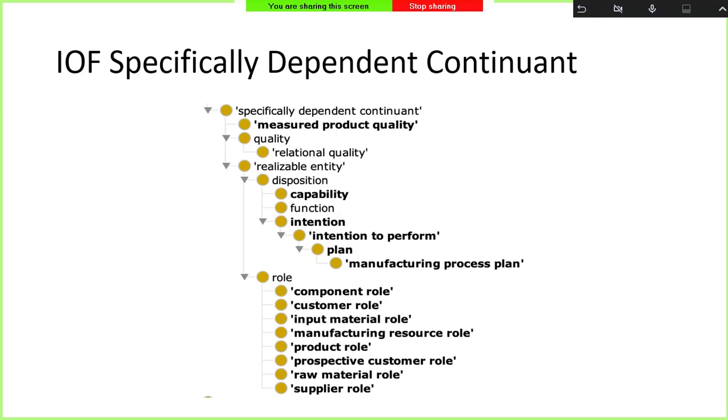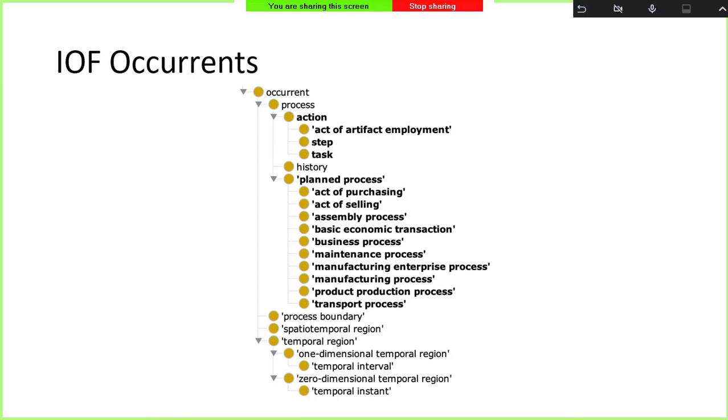So nothing is an employee. Rather, there are people who have an employee role. And in order to define employee, we need person with employee role. That's the BFO strategy. And then we have occurrents such as action, steps, tasks, transport, processes, and so on.